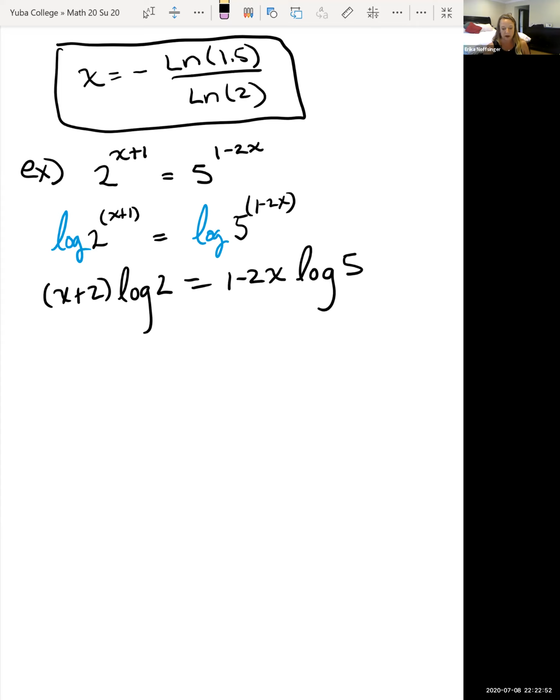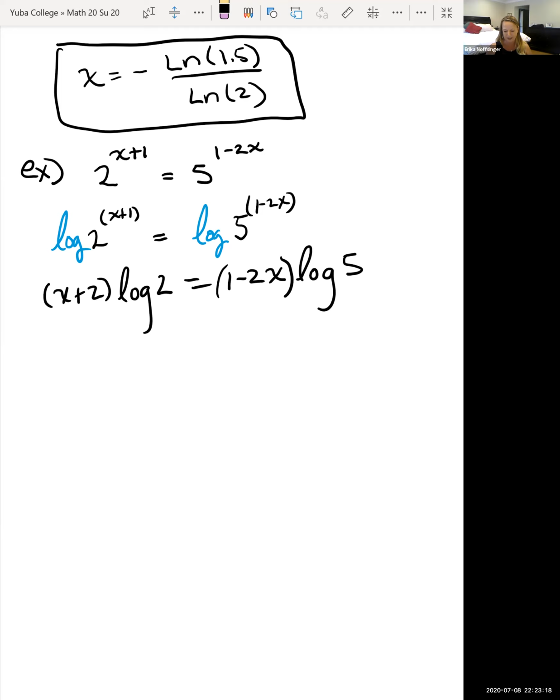This technically, on the right-hand side, is saying I'm only multiplying this log of 5 by the negative 2x. And you guys are getting higher in math, so you're going to get points docked for things that aren't mathematically correct. So make sure that you have parentheses around that. Okay, so we're trying to get x by ourselves.